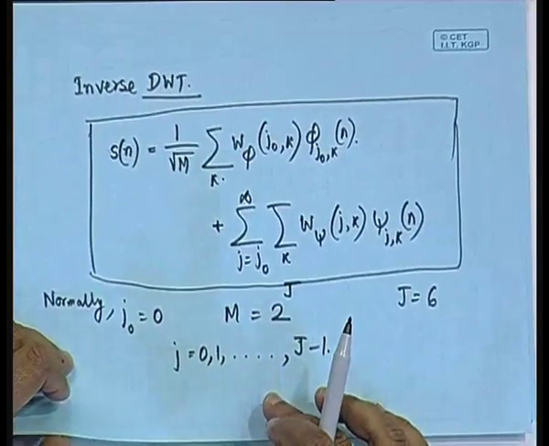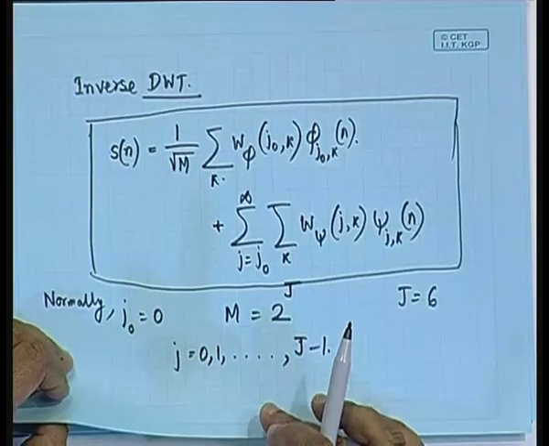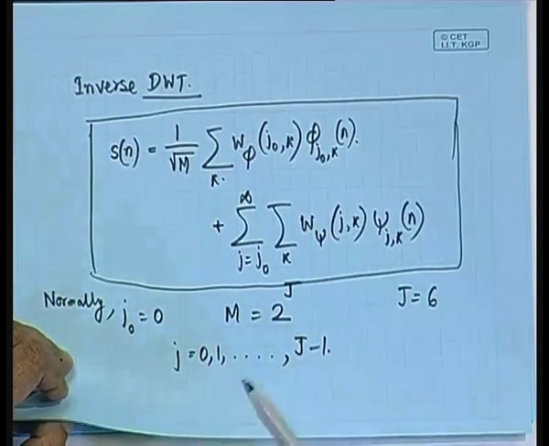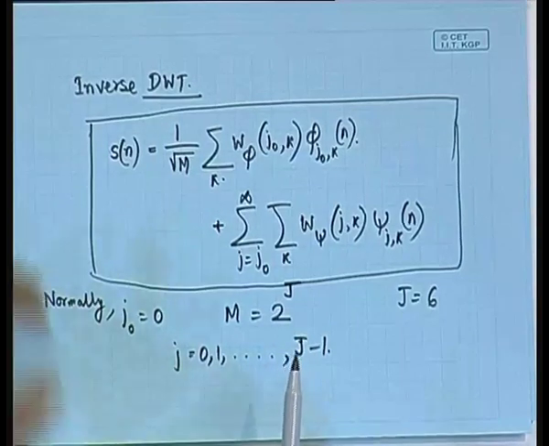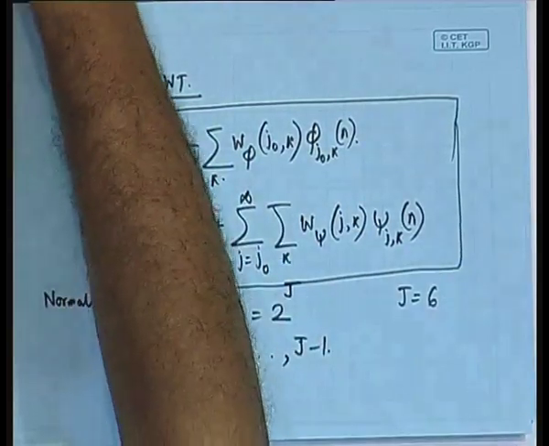Okay. So, now just in order to do that, let us again go back to some of the continuous wavelet transform expressions that we had derived in the last lesson. Let us see this expression. Have a look at this expression.